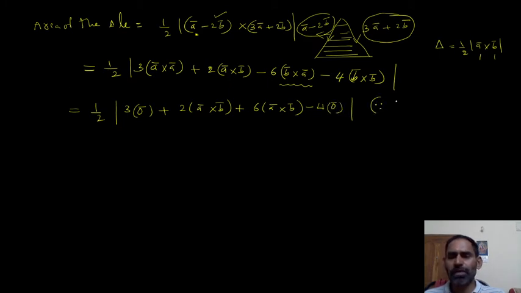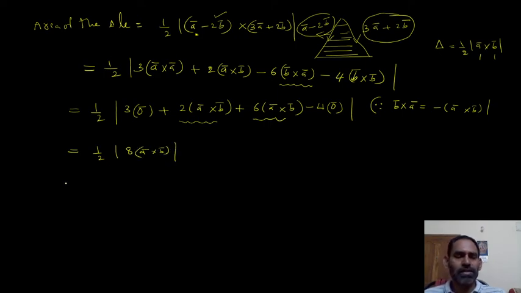Now these two are the same, 6 plus 2 is 8, so 1 by 2 into modulus of 8 into a bar cross b bar. Mod 8 is 8, so 8 by 2 into modulus of a bar cross b bar. 8 by 2 is nothing but 4.